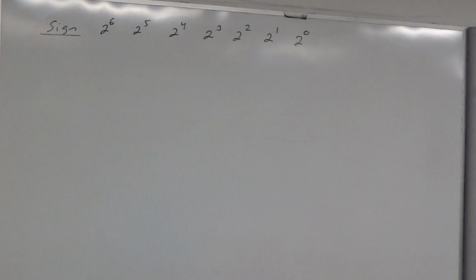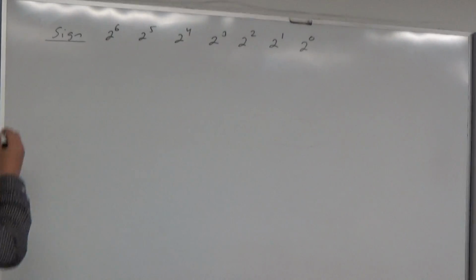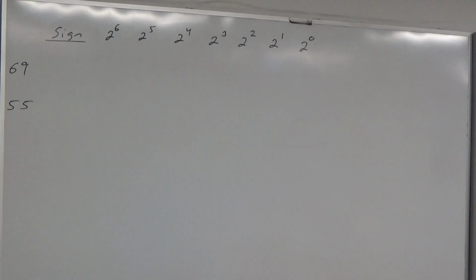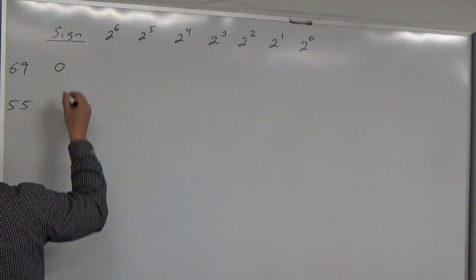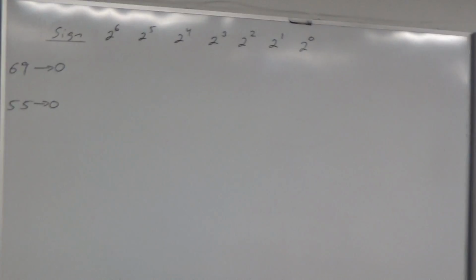I'm going to take number 69 and number 55. And no matter what, the sign always starts out at 0. So if it's positive, it's 0.